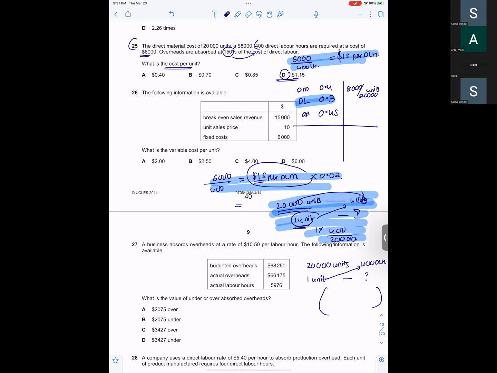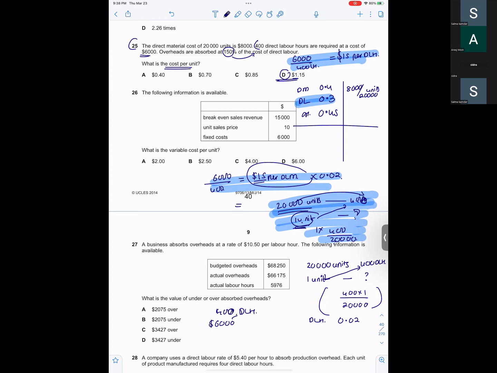Cross multiply, 400 into 1 divided by 20,000. To make 1 unit, you will need 0.02 direct labor hours. Now for 400 direct labor hours, you have spent $6,000.